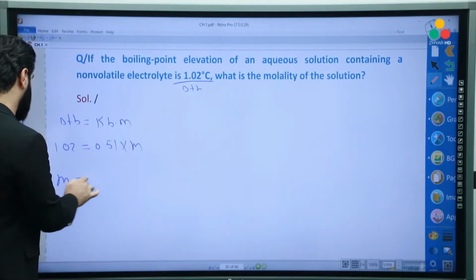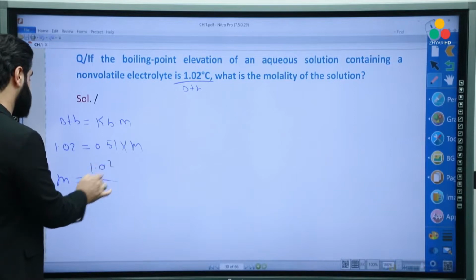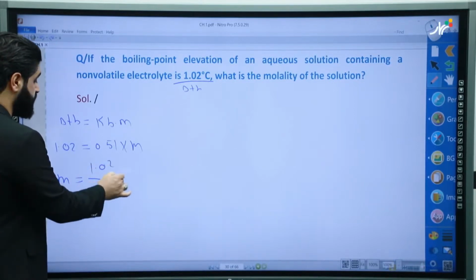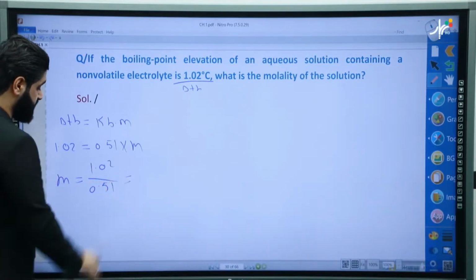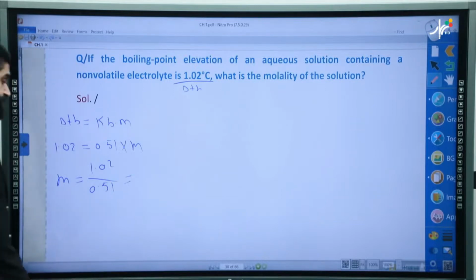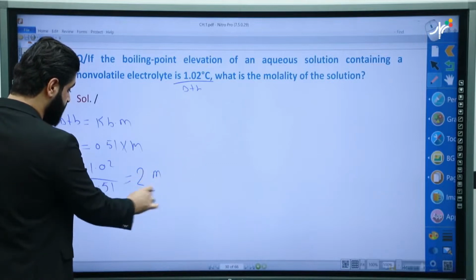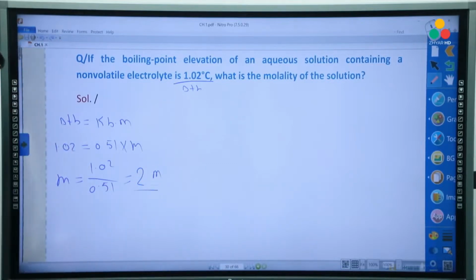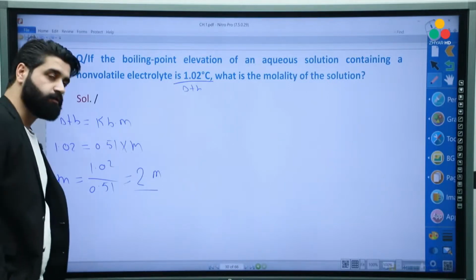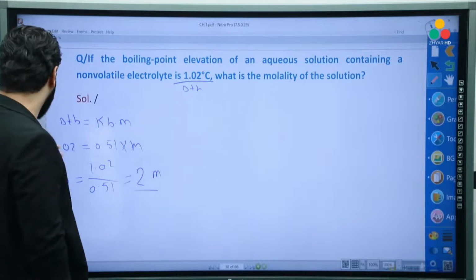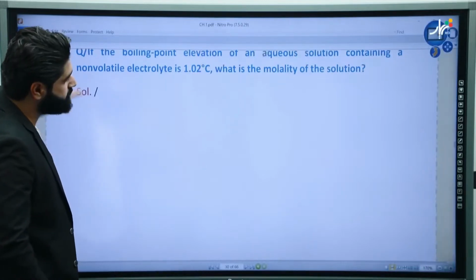So molality equals 1.02 divided by 0.51, and this time I do not use any calculator because it's super easy. 2 molar. Hopefully it's a correct answer. So the molar concentration must be 2 molar. Right? Look how easy it is. Nothing at all. Another one.